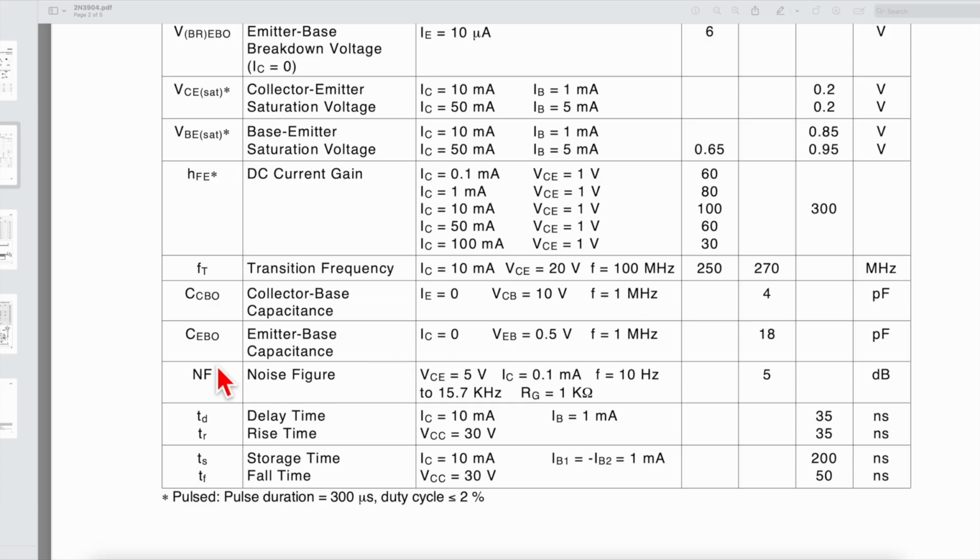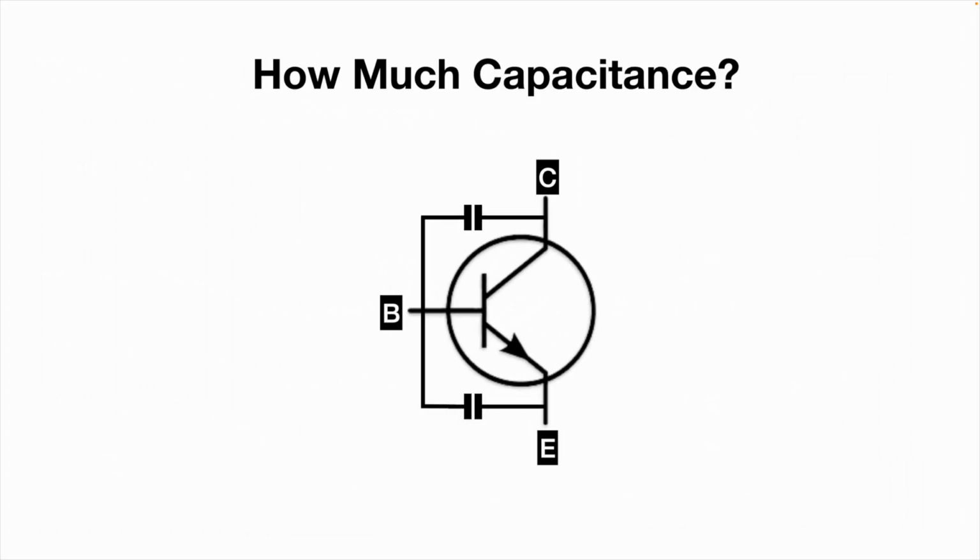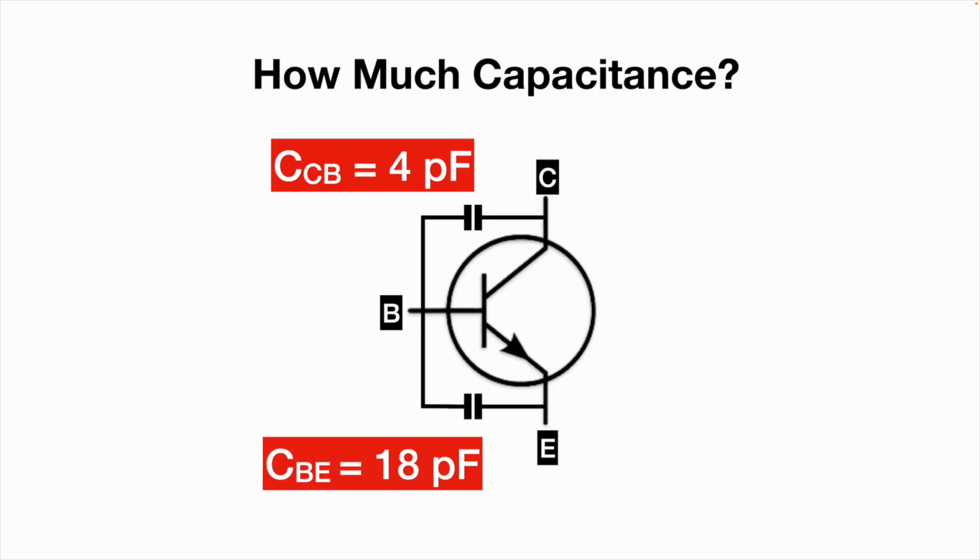And then underneath that, the C sub EBO, the emitter to base capacitance, and that is 18 picofarads. So let's put those values now onto our transistor. So back to the schematic, we'll put in the 4 picofarads, which exists between the collector and the base, and the 18 picofarads between the base and the emitter.